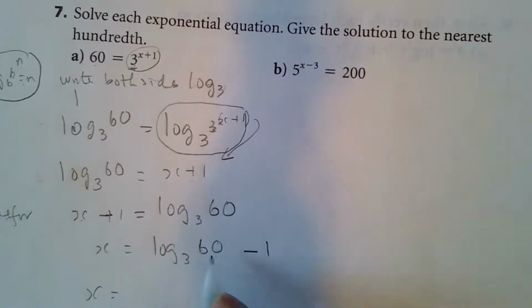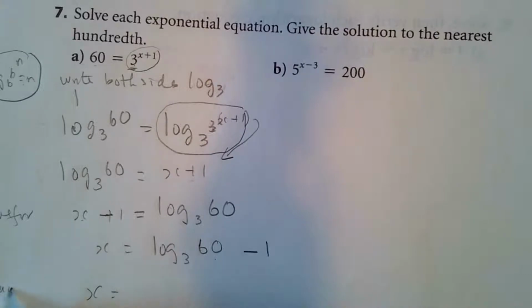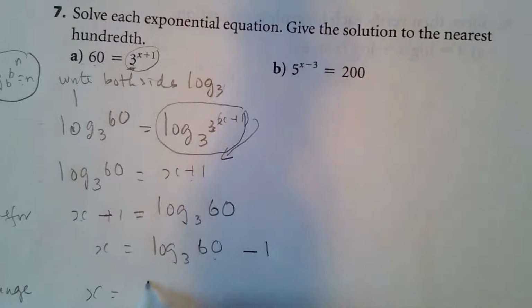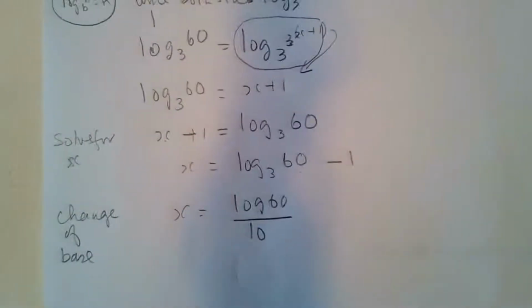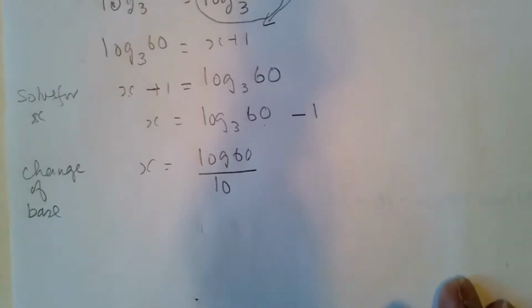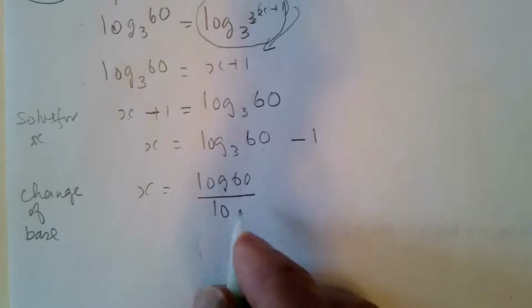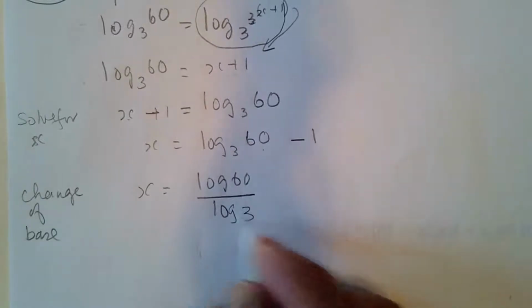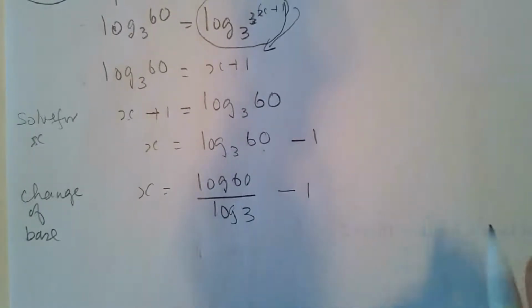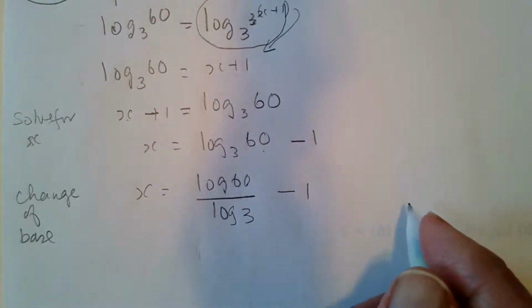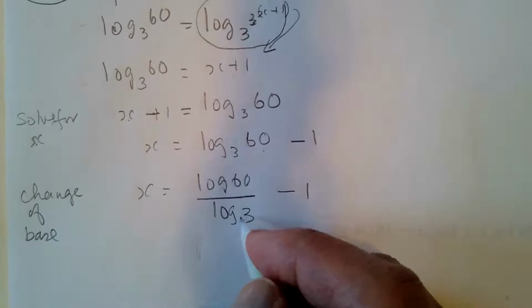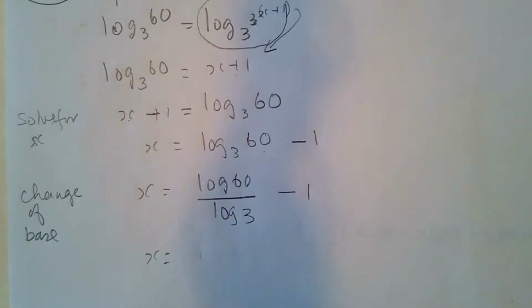So x, now we have a change of base: log 60 over log 3, minus 1. So log 60 over log 3, we need our calculator.